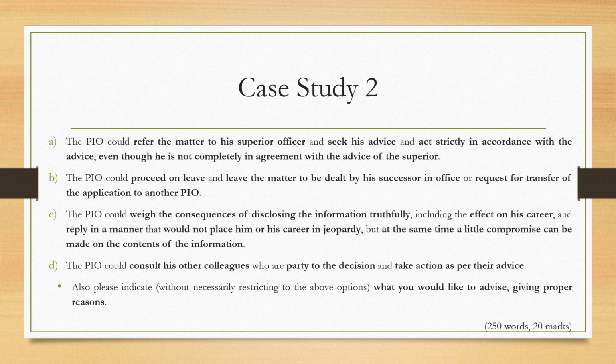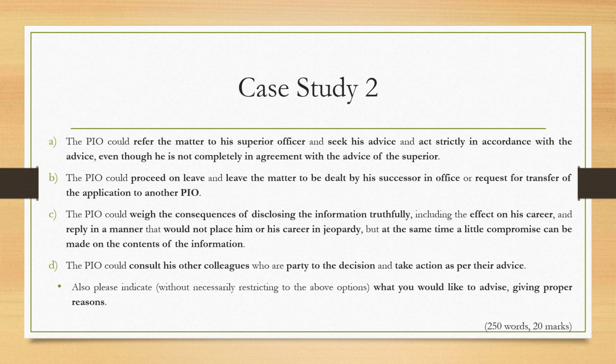The third option, the PIO could weigh the consequences of disclosing the information truthfully, including the effect on his career, and reply in a manner that would not place him or his career in jeopardy, but at the same time, a little compromise can be made on the contents of the information. So in the third option, the PIO is actually thinking about himself and incorporating his personal interest in the decision of disclosure of the requested information.